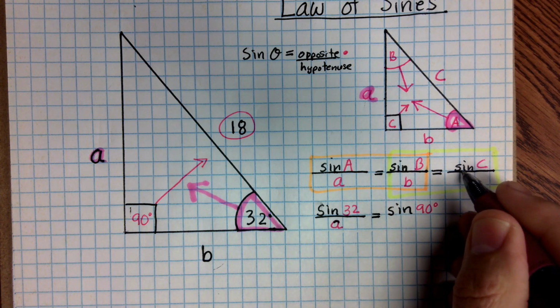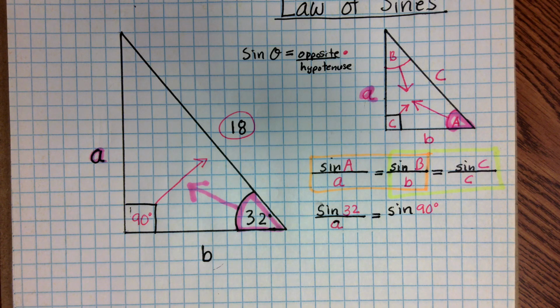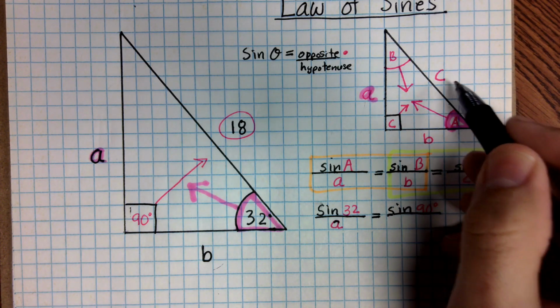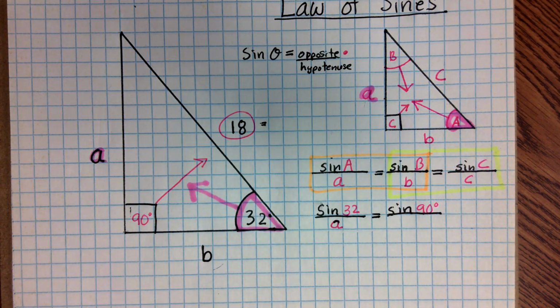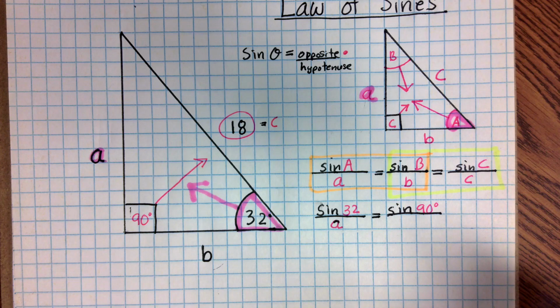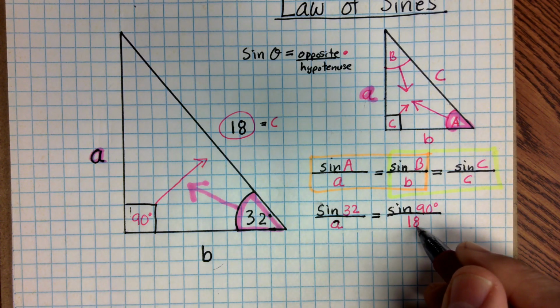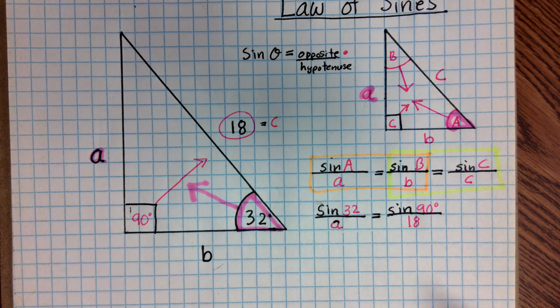In other words, this is sine C, C being the 90-degree angle, over side C of the triangle. And side C right here is equal to 18. And that's what I need. I need at least one side and two angles to set this up so that I can solve for A.